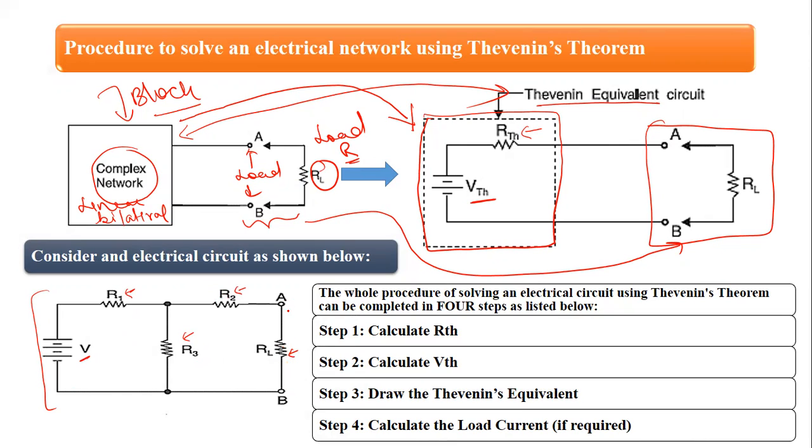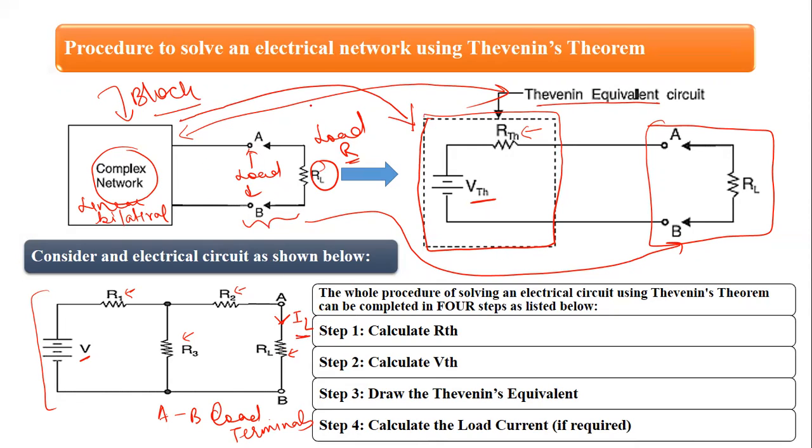A, B are the load terminals. Now let us say some current IL is flowing in this branch. Now our purpose is to calculate this load current basically.